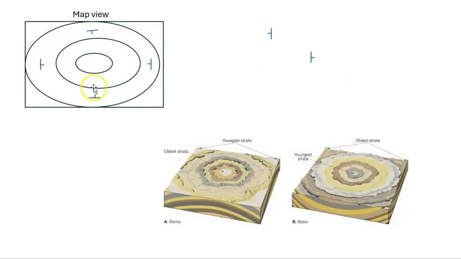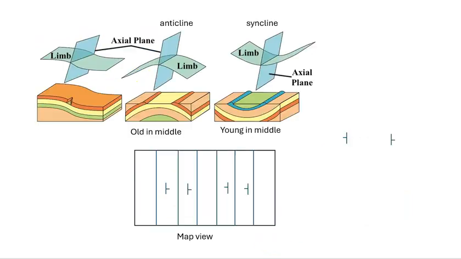You look at the map pattern. In this case, it's a bullseye. Bullseye means dome or basin. Which is which? Either use the age of the rocks if I give you that information, or use the strike and dip symbols to tell me which is which. And just like stripe pattern, if you are given the ages, use that to tell you what it is. If you're given the symbols, use that to tell you what it is.